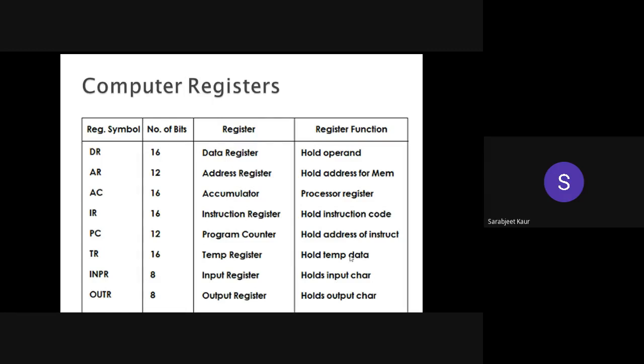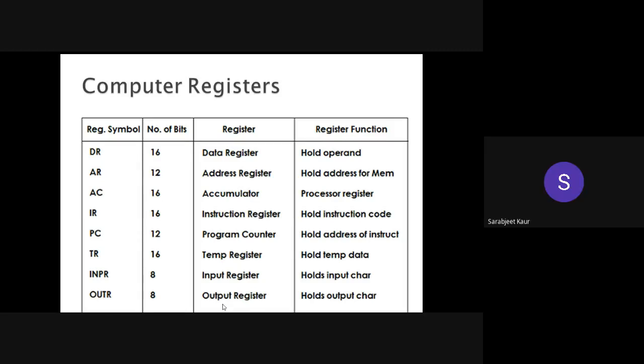Is this clear, beta? Next is the output register. Who will tell me about the output register? Ma'am, whatever output the CPU gives us, it first stores inside the output register. After that, it is shown by the output device. Yes.